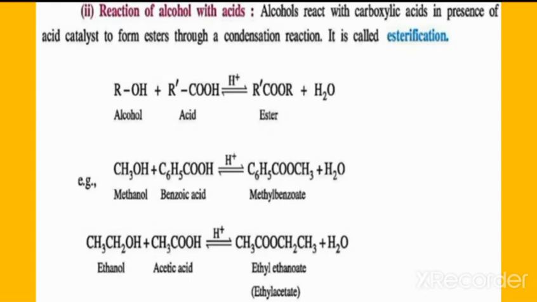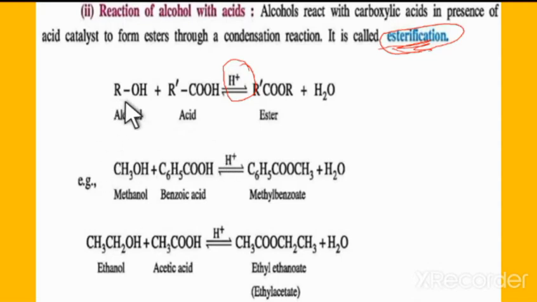Next, the reaction with acids. When alcohols are treated with carboxylic acids to form esters, this reaction is known as esterification. This reaction is carried out in the presence of a mineral acid.